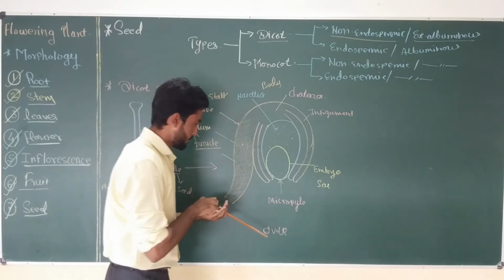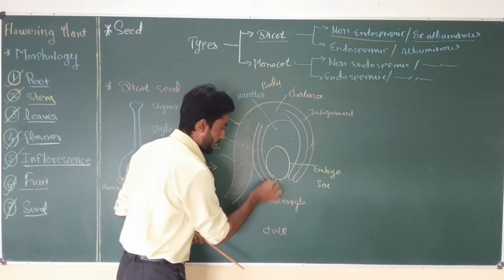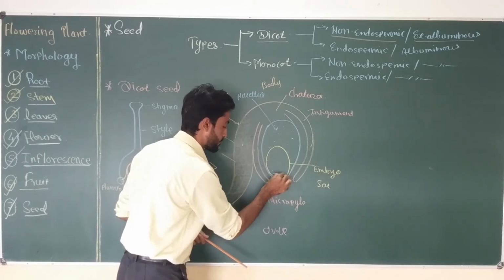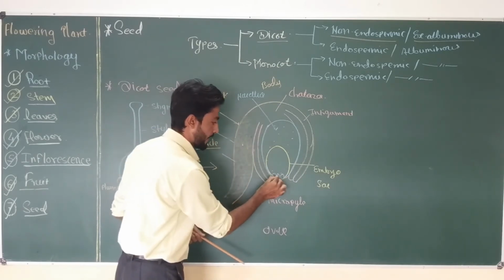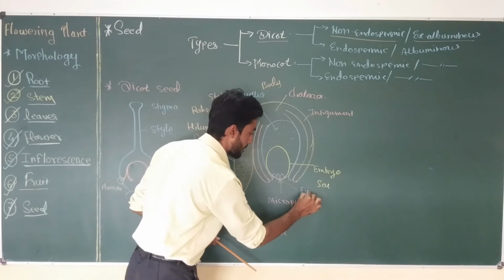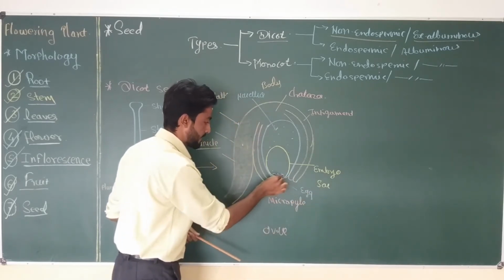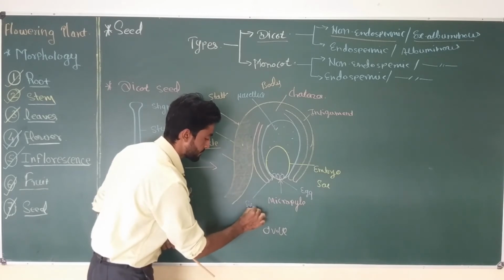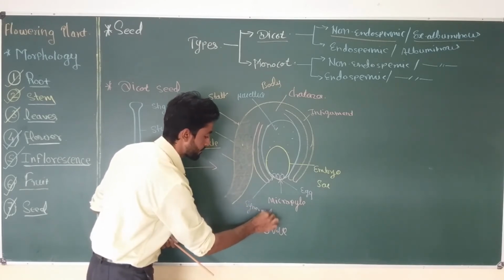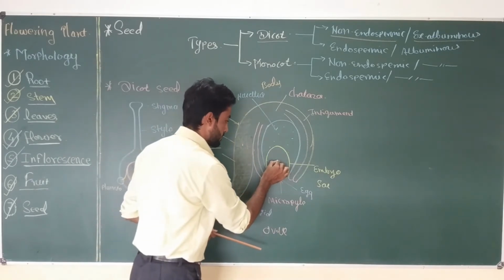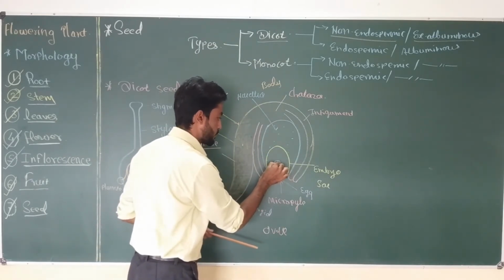Okay, so at the micropylar end of the embryo sac, 3 cells are present. The central cell is called the egg cell, and 2 neighboring cells which surround the egg cell are called synergids. Then at the middle of the embryo sac, a single cell is present which shows 2 nuclei.